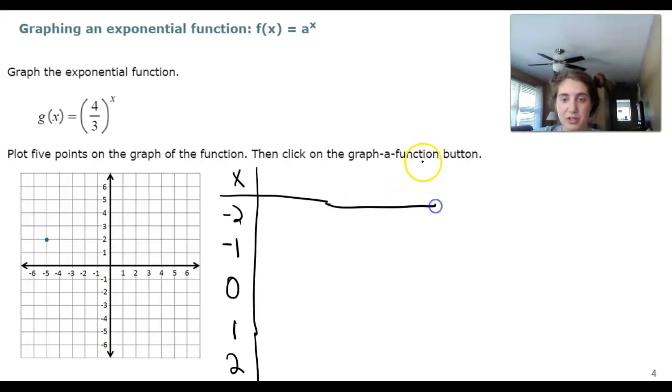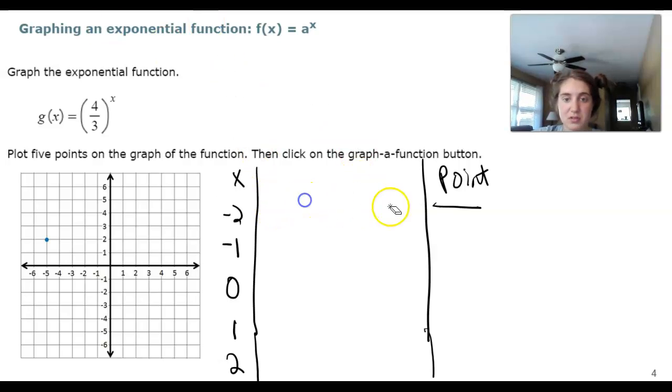I'm going to put my work there, and then this will be my final point. The reason I picked a few below 0, 1 at 0, and 2 above 0.